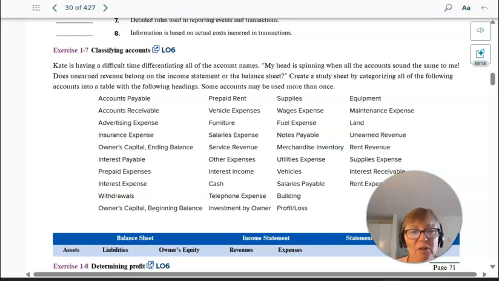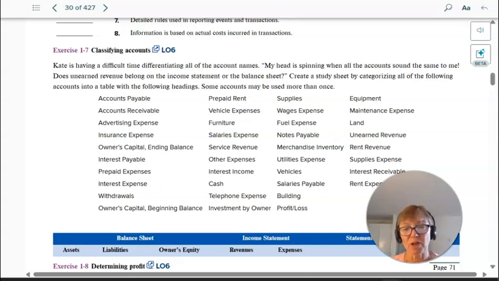Owner's capital ending balance. The owner's capital ending balance will be seen on our statement of changes in equity, and then that amount will be carried over under the owner's equity section of our balance sheet. Because remember, our statements link together. We have our income statement, which is revenue minus expenses, gives us the profit.